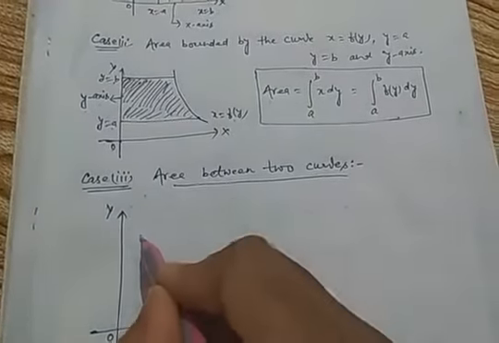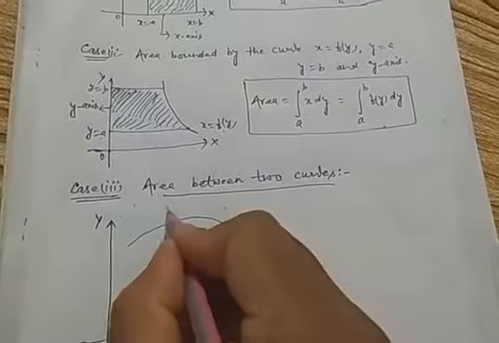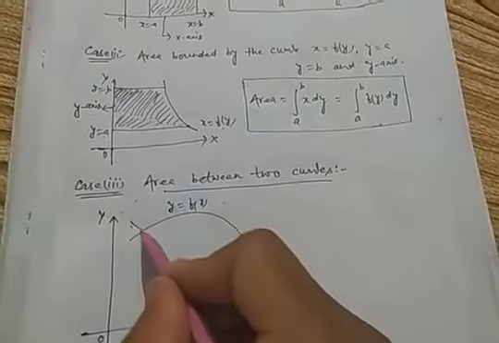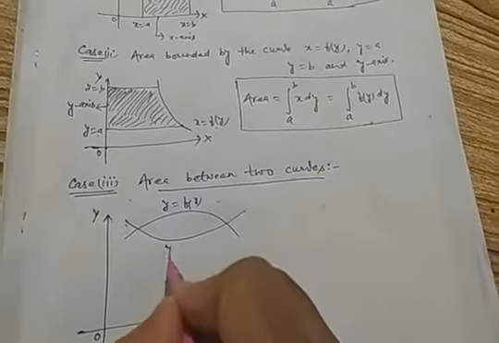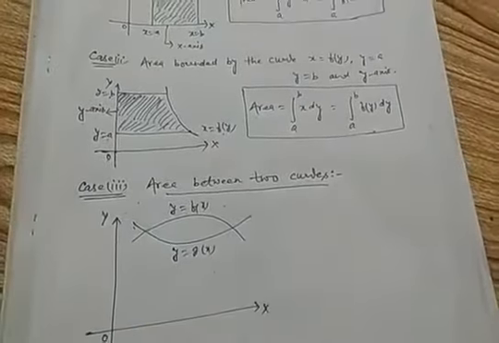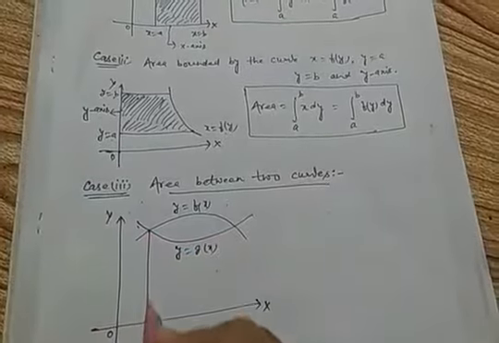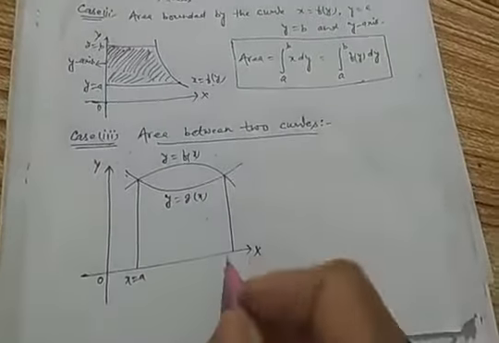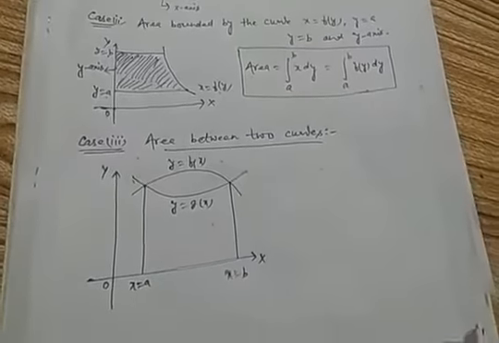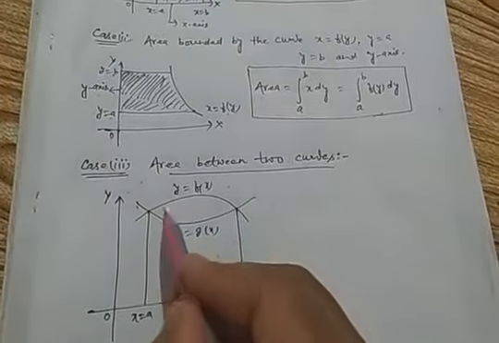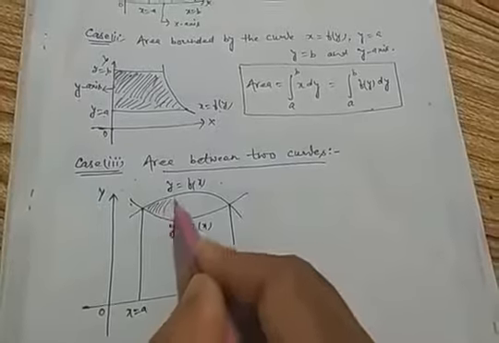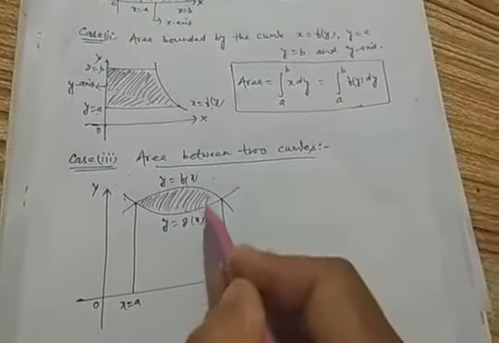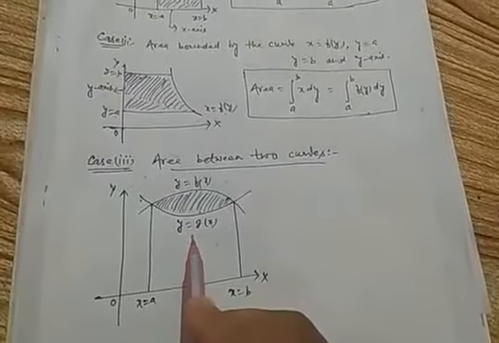Now let y = f(x) be one curve and y = g(x) the other curve, with the lines x = a and x = b. This is the area bounded by the two curves y = f(x) and y = g(x).